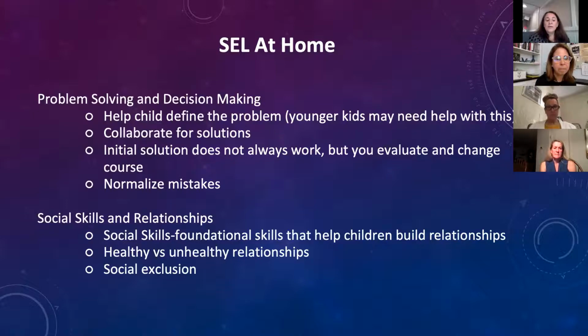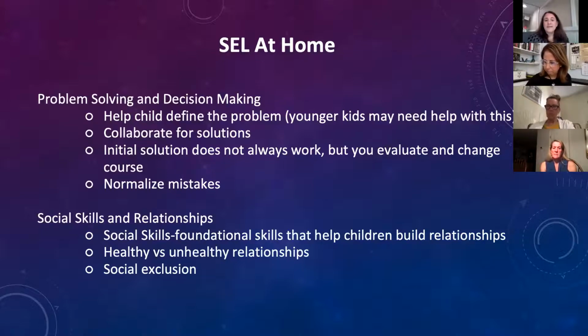Have open, age-appropriate conversations about healthy and unhealthy relationships. Obviously, those conversations can get more complex as your child grows and gets a little older. And when there's social exclusion, social rejection, again, talk to your kids about what coping skills they have. What are your coping skills?